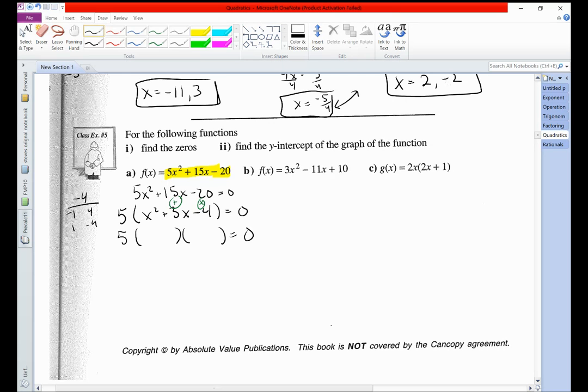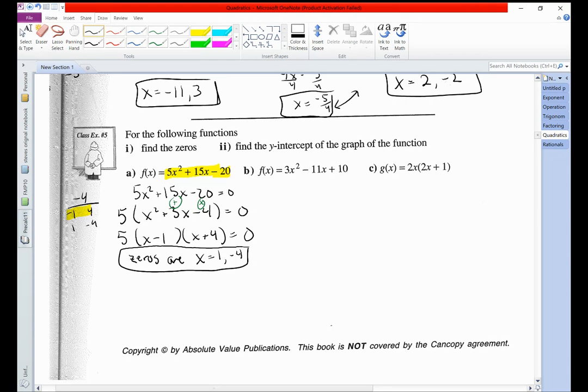And the one that adds to +3 is right here, -1 and 4. So you have x minus 1, x plus 4. And that makes the zeros x is equal to 1 and -4.